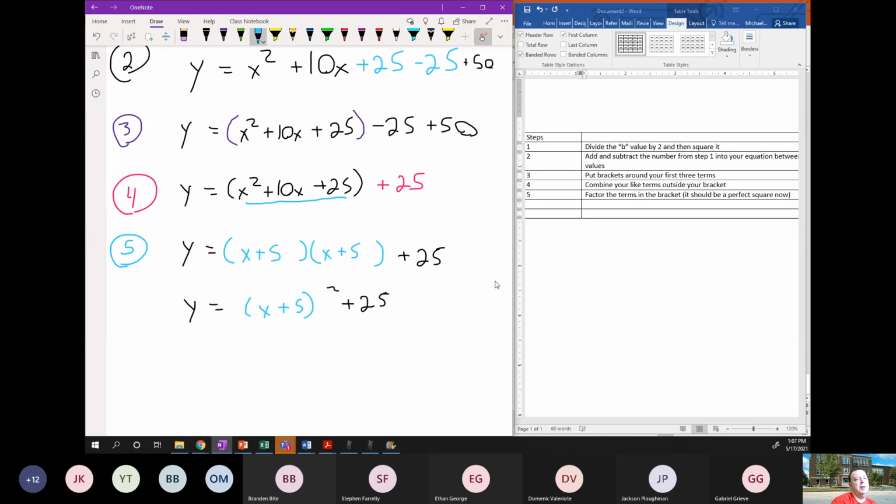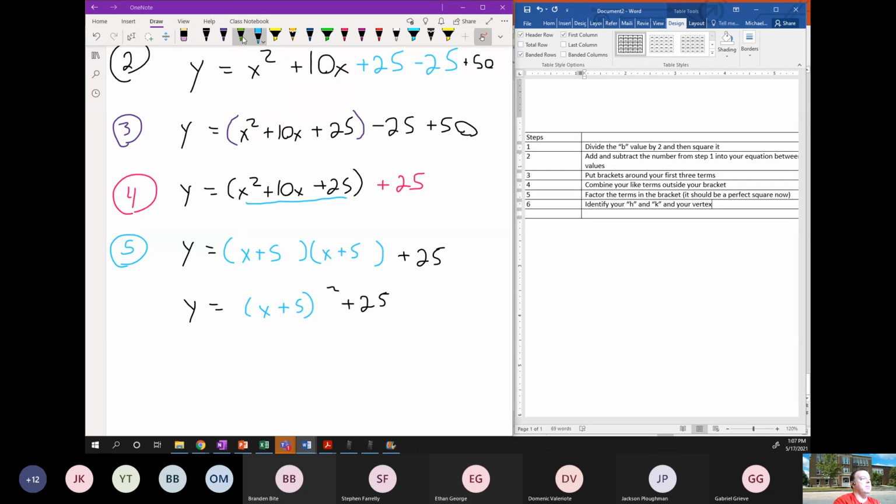And then step 6 here would be identify your H and K value, and your vertex.